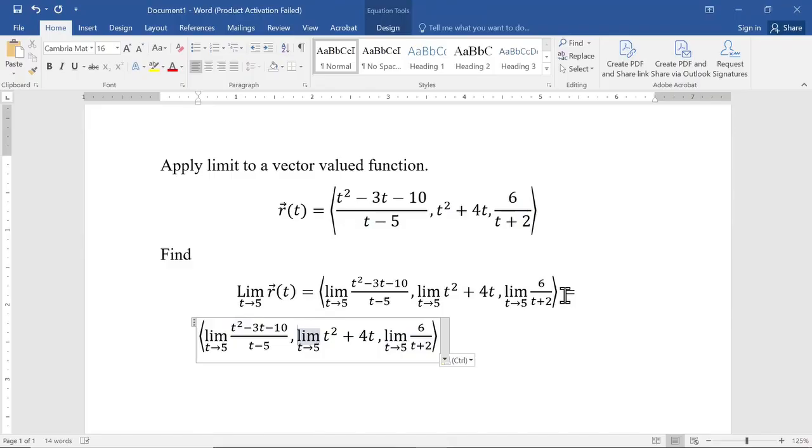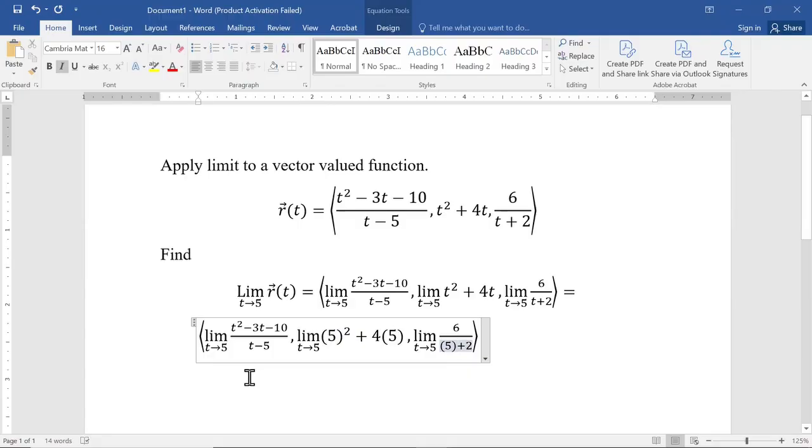Since, like I said, those functions are continuous at 5, all I have to do is plug in those numbers. So plug in 5 in for t here and here. And then on this one, plug in 5 in for t there.